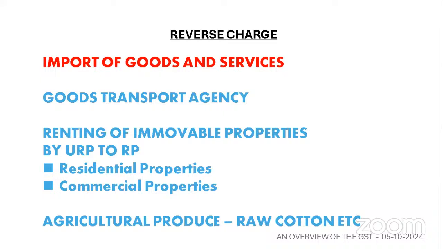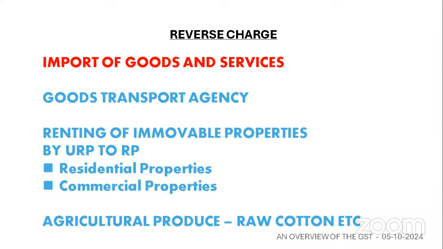The second very popular category under RCM is goods transport agency. I remember during the service tax regime, the service tax was levied under forward charge on goods transport agencies. What they did was they stopped all their services for 15 days to 1 month, and the price of the tomato went to 300 rupees per kg.